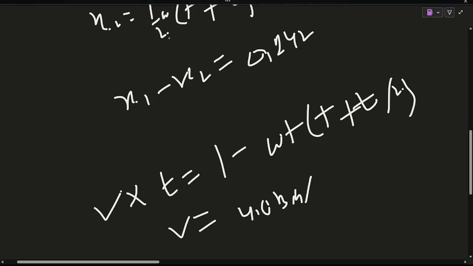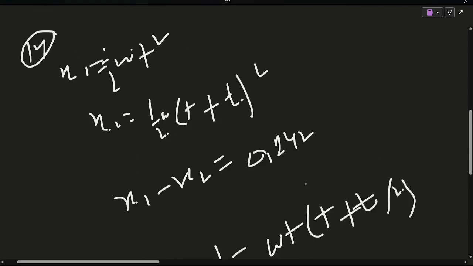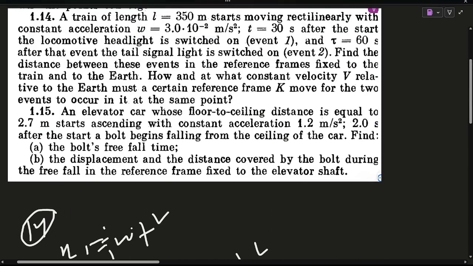Okay, 15 is an elevator math. It is also homework. Homework HW.